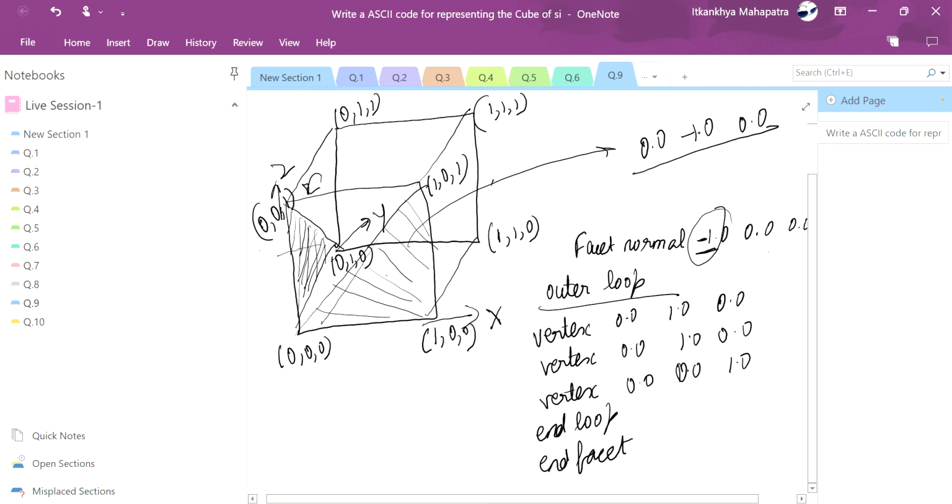This will be a difference. So whichever will be the axis, according to that, seeing the direction and since it is a counterclockwise direction, we give the direction of the facet normal.